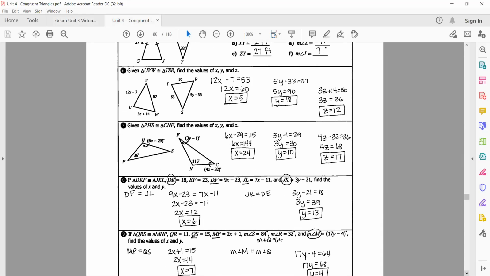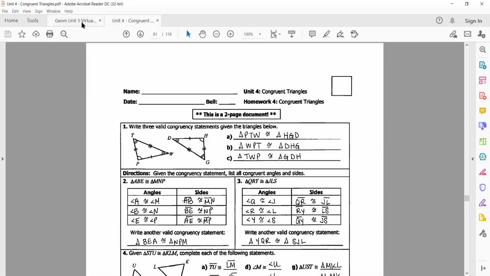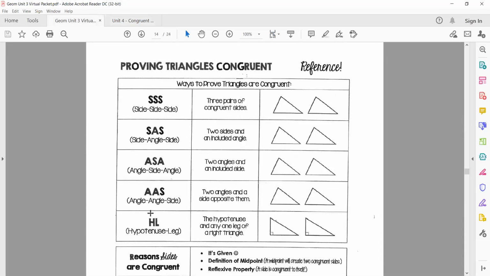If we can't do it by corresponding parts, if we're not told what it is, then we're going to do it on the basis of these acronyms. SSS, SAS, ASA, AAS, and HL.